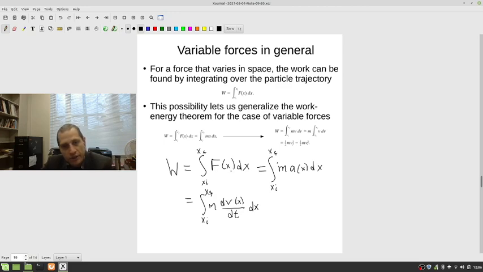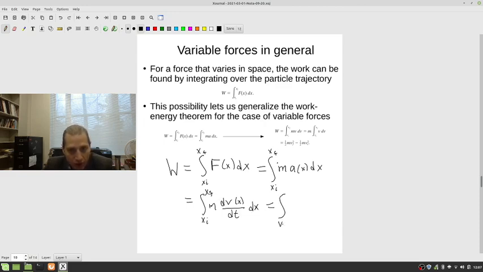And the next argument that we make is, well, what if we changed the variables within our integral from initial position to final position to initial velocity to final velocity? What you would do then is that this is dx dt. I'm going to keep this dv around.